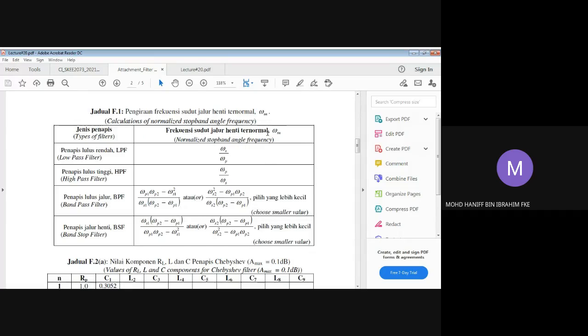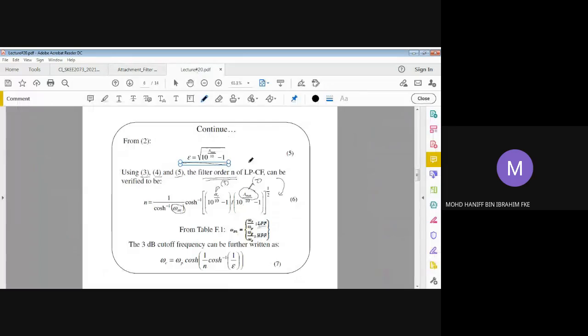For the case of high pass filter, it should be the other way around, which is omega p divided by omega s. That should be the substitution for the normalized stop band angular frequency omega Sn here. Since we are referring to a low pass filter, our omega Sn shall be omega s divided by omega p.